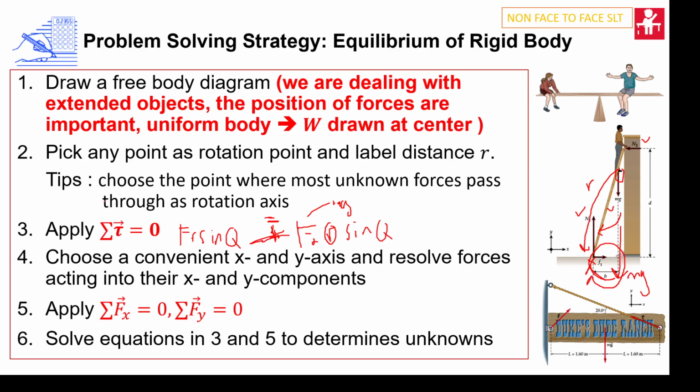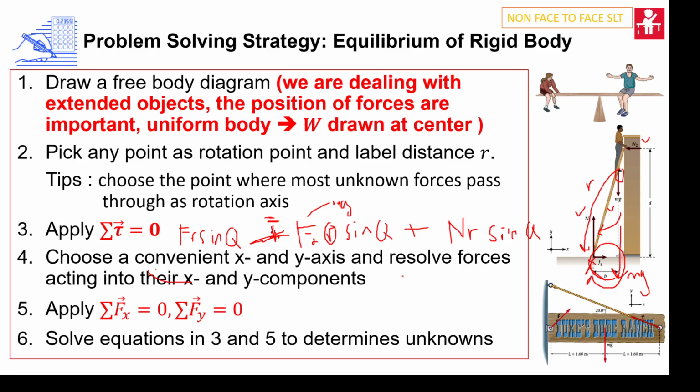And again, it depends on how many forces are involved, so probably plus N r sine theta, etc. I won't do much more since there's no question here, but you should explore this inside your tutorial. Next, you choose a convenient x and y axis to resolve the problem, because sometimes there's an angle involved.